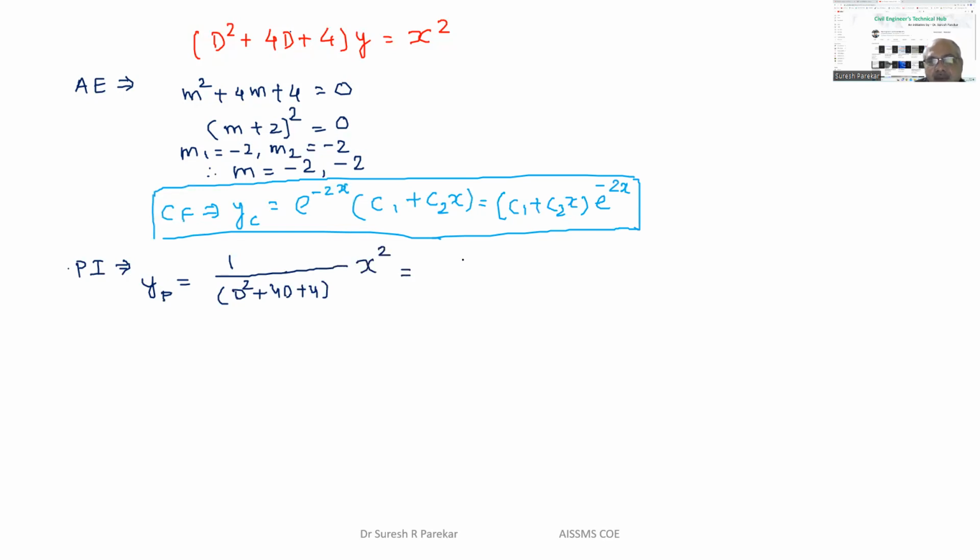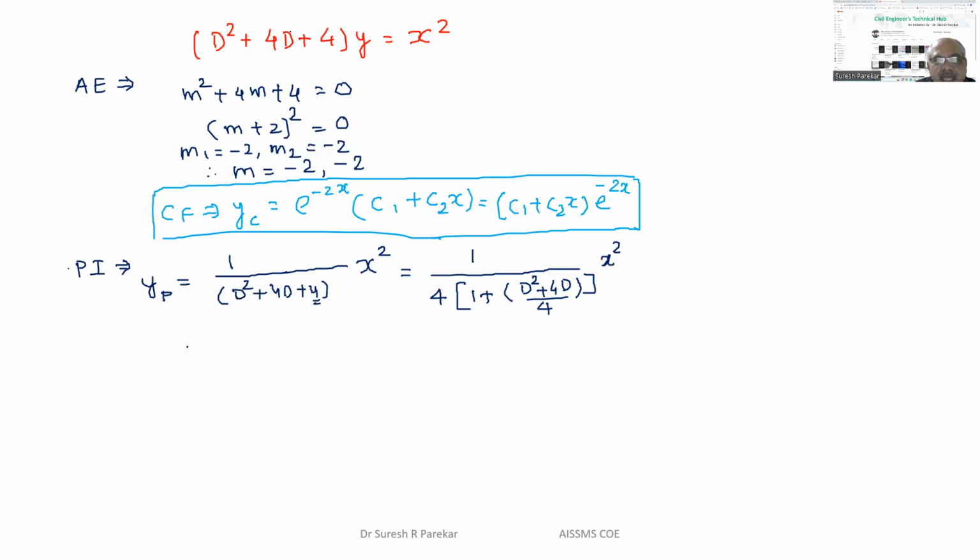Now we have to make it in terms of 1 plus, so we will take 4 outside. If we take 4 outside, then this 4 becomes 1, plus the remaining part we write in another bracket: D square plus 4D upon 4, and that is x square.